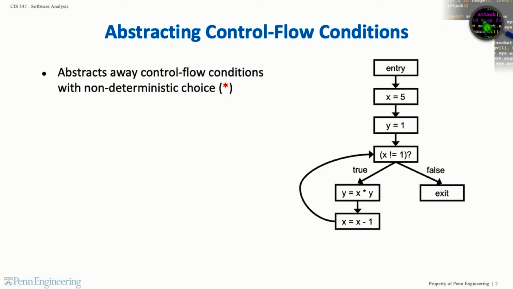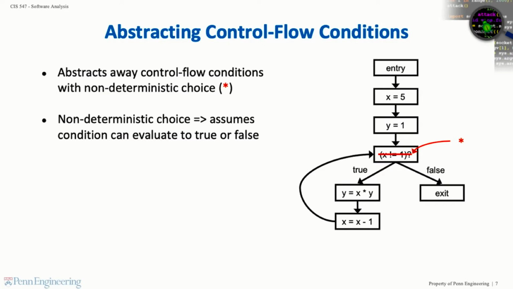The primary source of incompleteness in data flow analyses arises from abstracting away control flow conditions with non-deterministic choice, which we will denote using the star symbol. For this example program, data flow analysis replaces the condition x not equals 1 with non-deterministic choice.